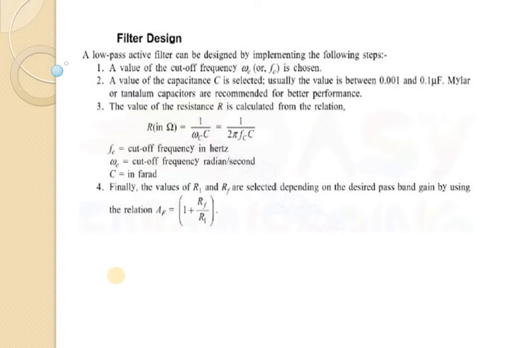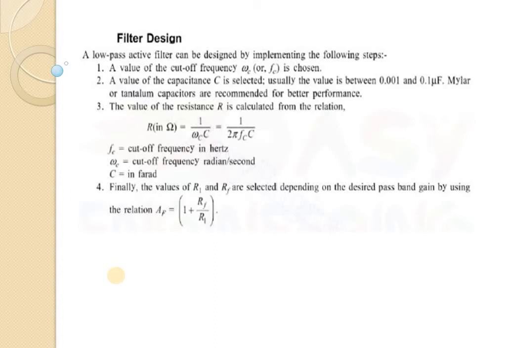Mylar or tantalum capacitors are recommended for better performance. Thirdly, the value of resistance is calculated from the relationship R equals 1 by omega c C. Basically this R is Xc, 1 by omega c C, and putting the values of C and the chosen cutoff frequency fc, we can easily calculate the value of the resistor R.